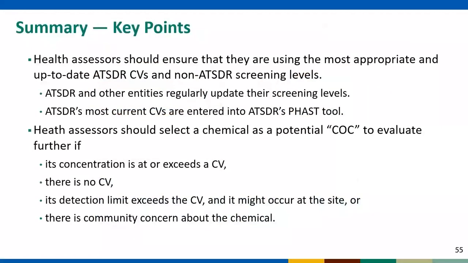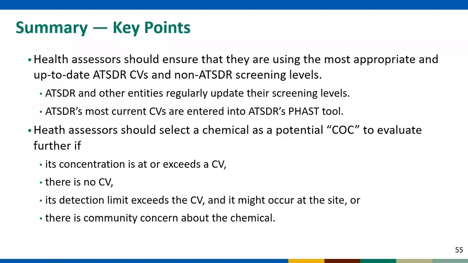In summary, health assessors should ensure that they are using the most appropriate and up-to-date CVs, and if needed, non-ATSDR screening levels. ATSDR and other entities regularly update their screening levels. If you use the FAST application, you automatically get the most up-to-date ATSDR CVs, so I highly suggest that you use FAST.